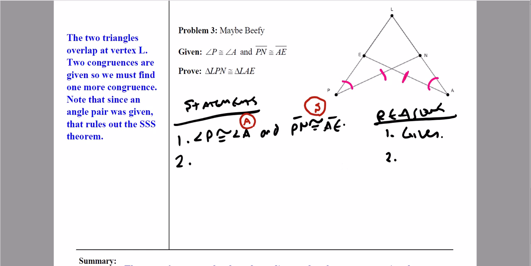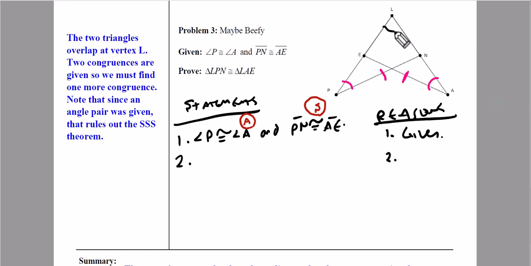What about angles? Well, we don't see vertical angles and we don't see parallel lines, but take a moment to recognize that for triangle NPL, you have this angle right here. And for triangle AEL, you have this angle right here. And they both have the same angle.